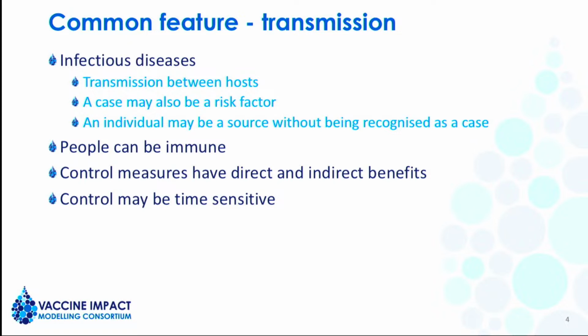So again, if you're thinking about modeling the impact of vaccination, having both the direct and indirect benefit from vaccination might be important to capture. And also, when we're thinking about control measures, there might be a time-sensitive element to them. It might be key to vaccinate people at a certain age or at a certain point in the season before transmission begins.